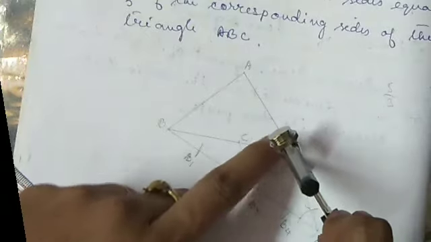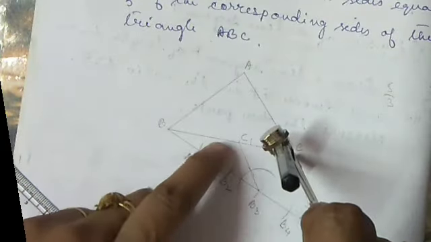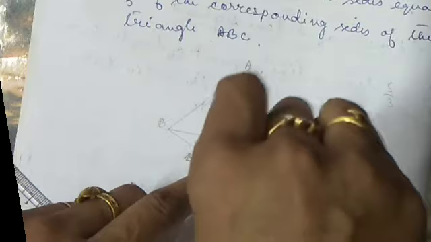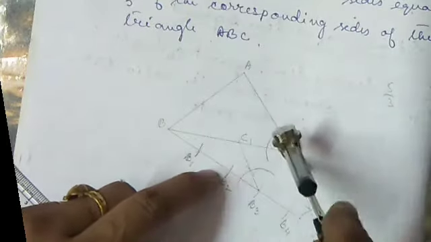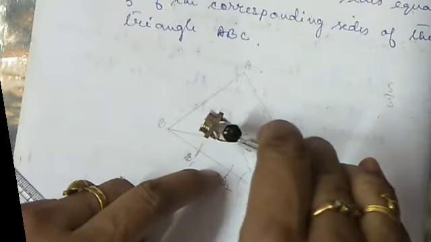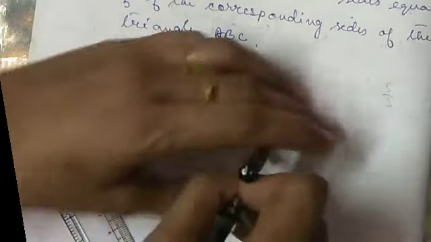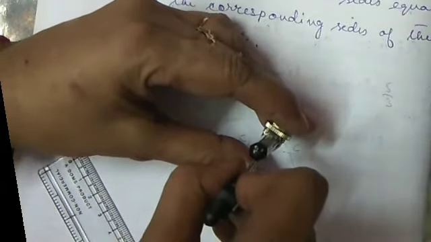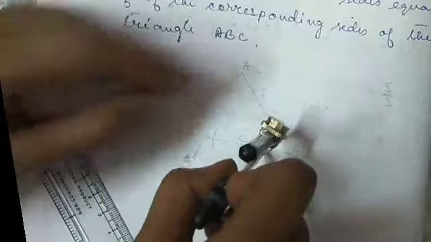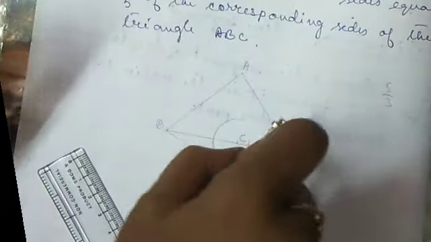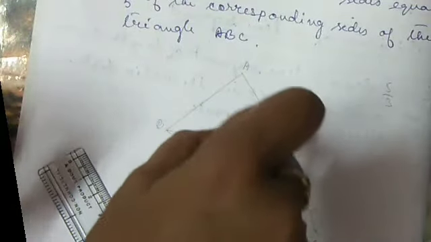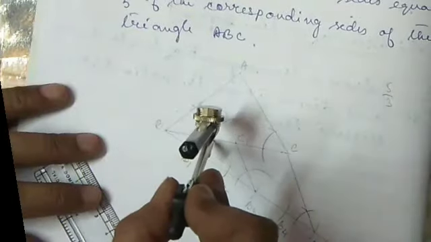Again we need to make the corresponding angle equal to this angle here, then take the measurement and cut it from here.